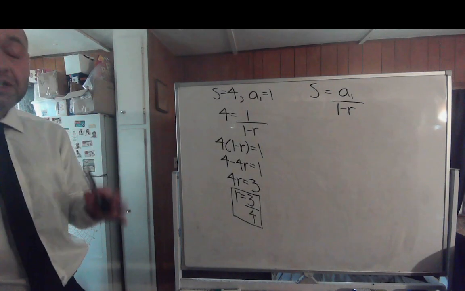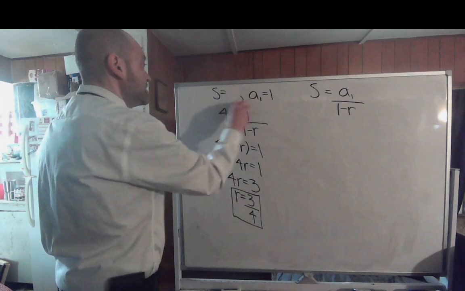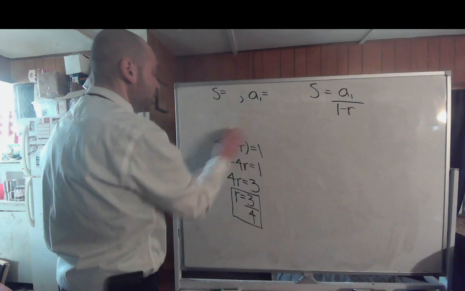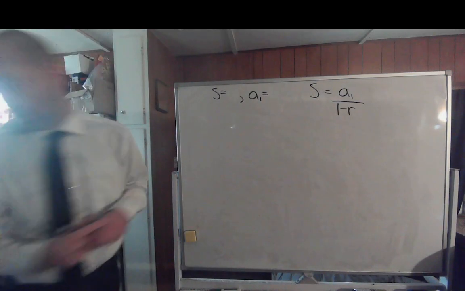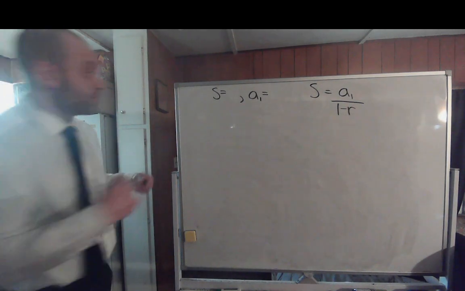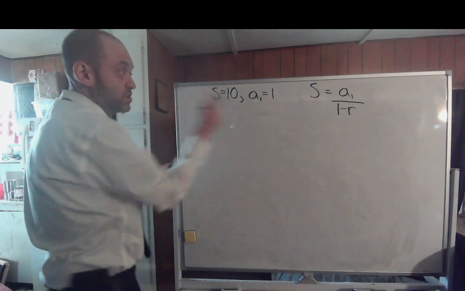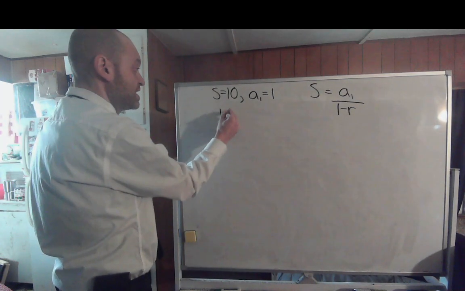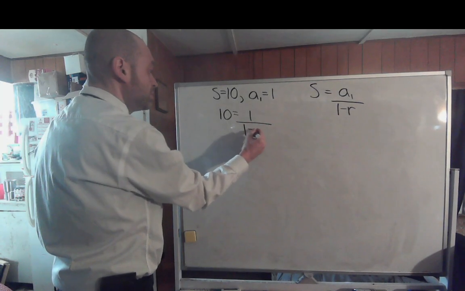Infinite geometric series, excuse me. So yeah, that's actually not too bad to do either. Now, this time, the sum is 10, and your first term is 1. So you're going to set 10 equal to 1 all over 1 minus r.